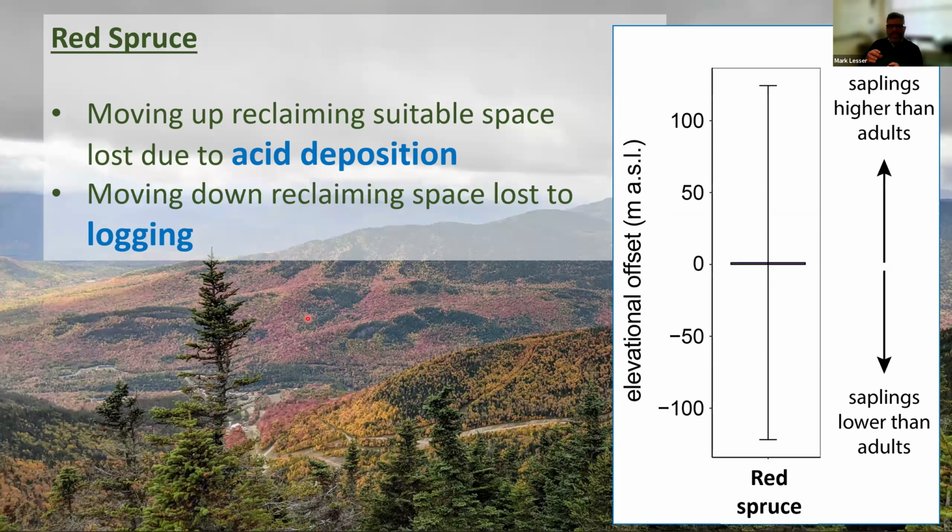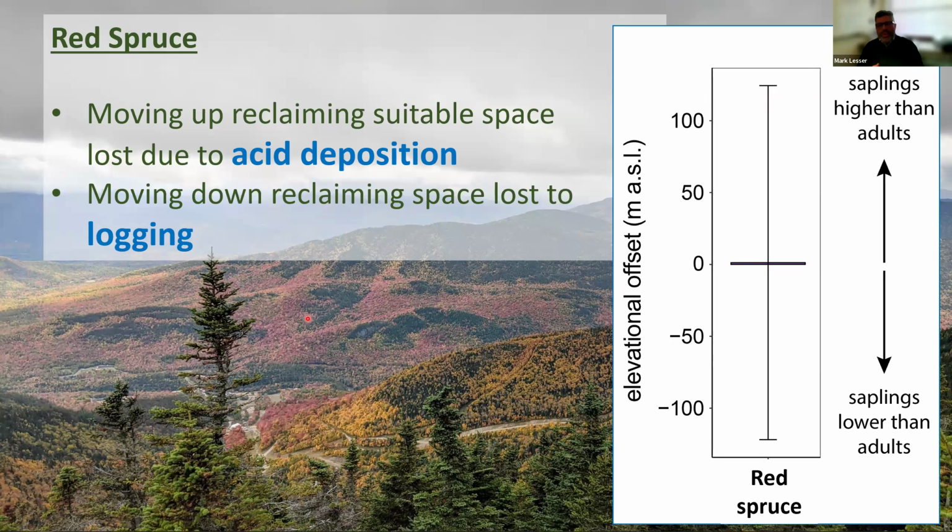that red spruce is a really interesting species in the Adirondacks in that its climatic niche space runs from the lowest elevations to the highest. It can do just fine across the entire elevational gradient. But it was driven out of its highest elevations over the middle to late 20th century due to acid deposition at the high elevations.